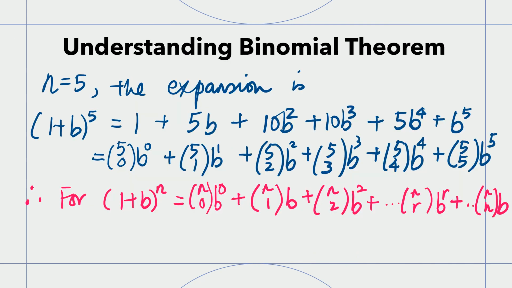Right, so how would the binomial theorem look like then? Alright, so if n is equal to 5, recall the expansion, it's 1 plus 5b plus 10b squared plus 10b cubed plus 5b to the power 4 plus b to the power 5. So 1, we explained earlier on that we can actually write 1 as 1 times b to the power 0.